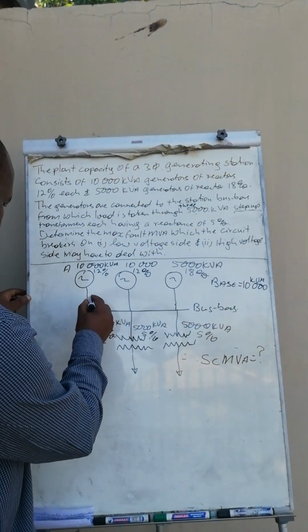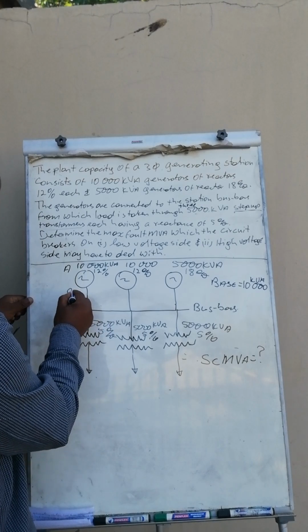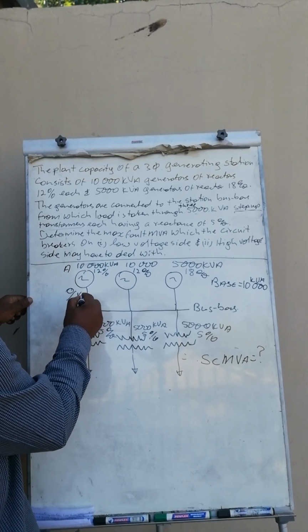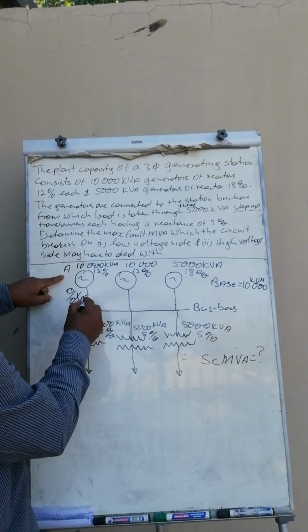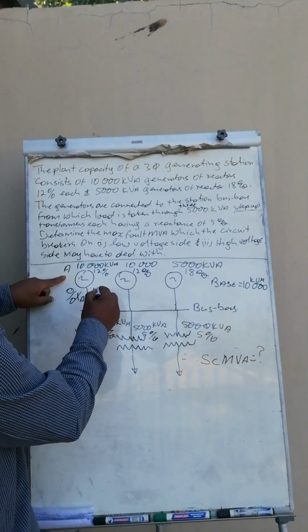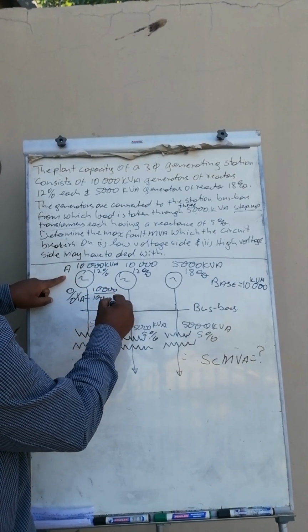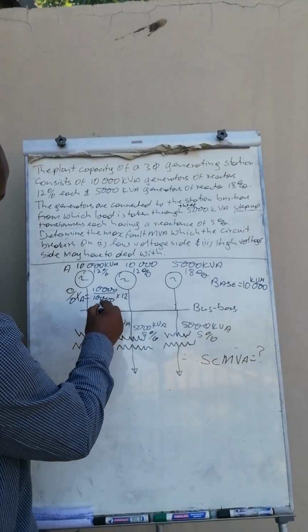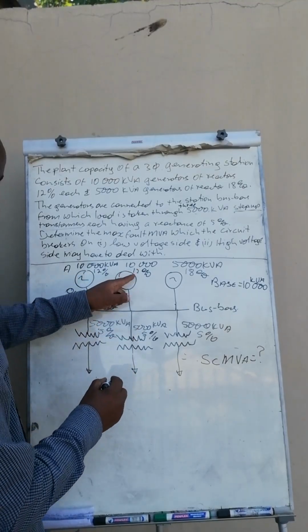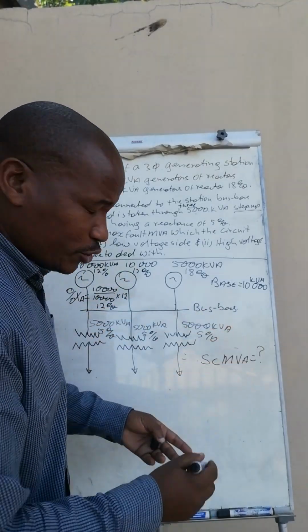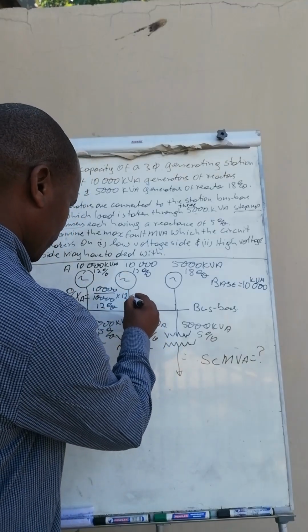So here, the percentage reactance of generator A is equal to what? It is equal to 10,000 divided by 10,000 multiplied by 12. We've got 12%. The same applies to generator B, where the conditions are the same.